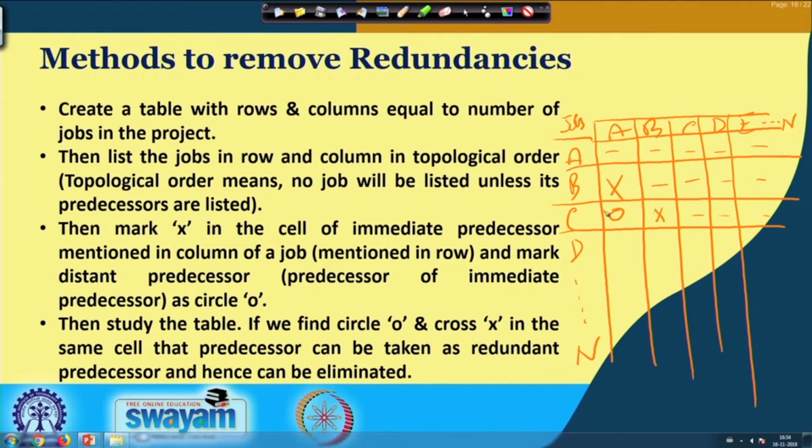So, basically in this way we are able to mention the cross for the immediate predecessors and circle for the distant predecessors.